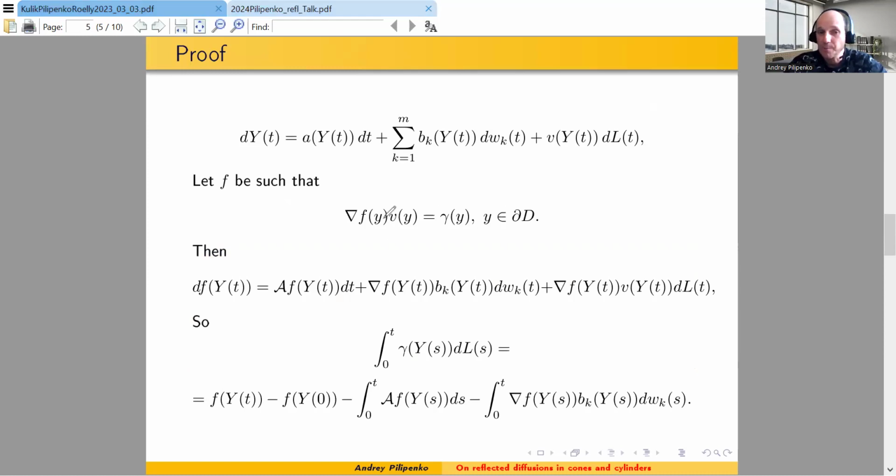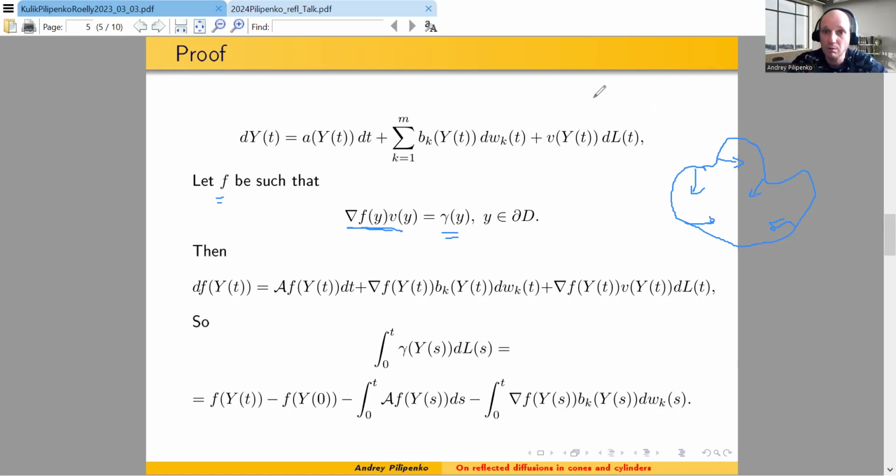At first, let me find a function f such that gradient of f times v, and let me recall to you that v is this reflected vector field, is equal to gamma.